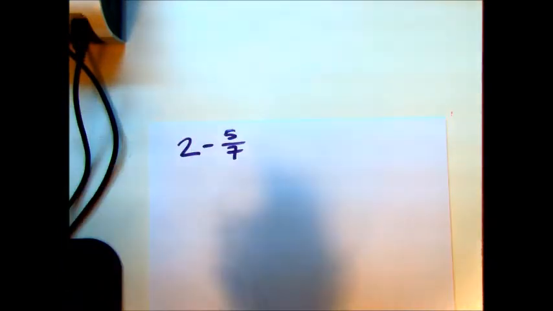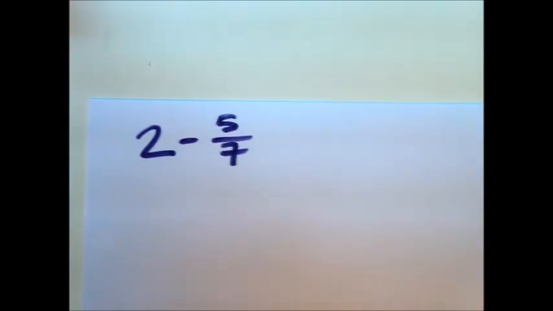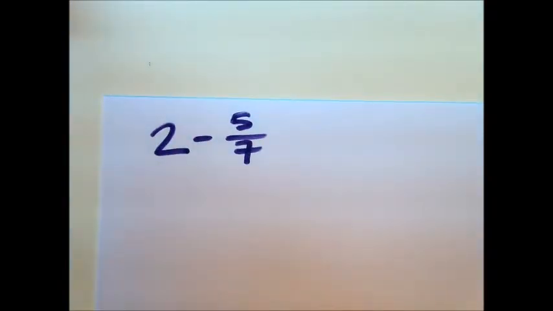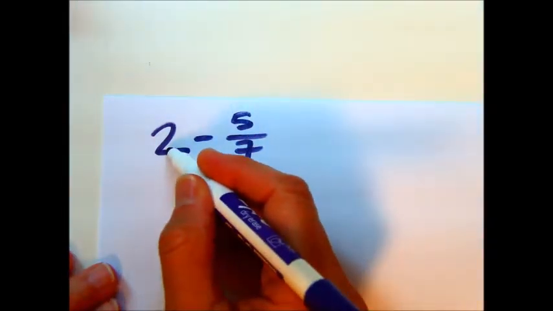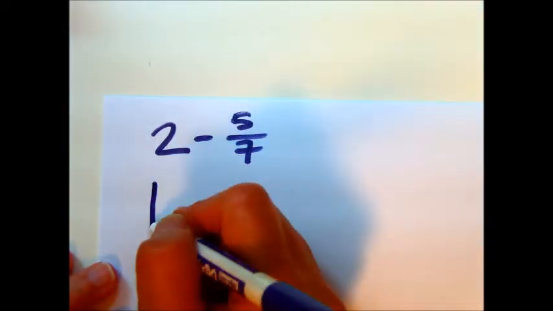Now let's make a harder one. Let's say we've got 2 minus 5/7. Now, we can't just change that 2 to 7/7 because that would just equal 1, and then we would lose the 1, because 1 plus 1 is 2. So what we want to think about doing is take away 1 from this 2, and that would leave us 1.